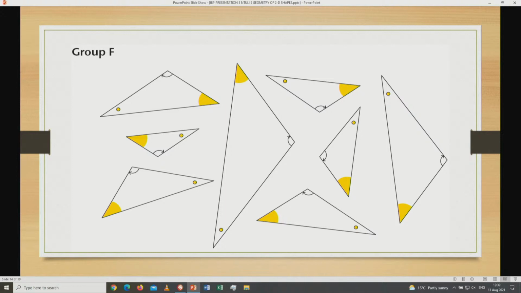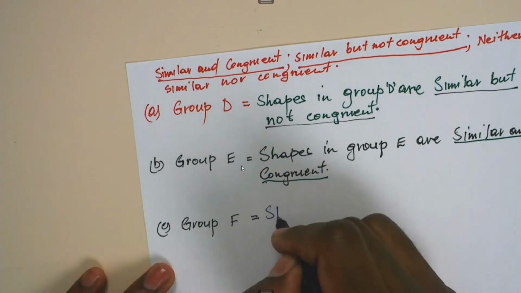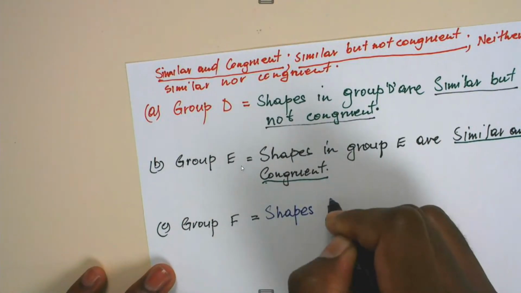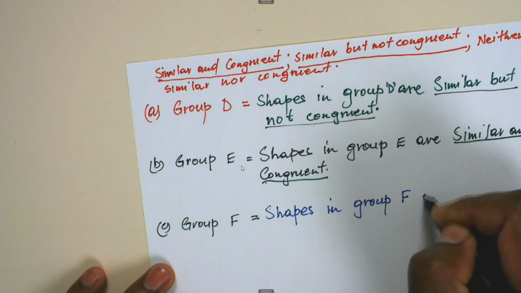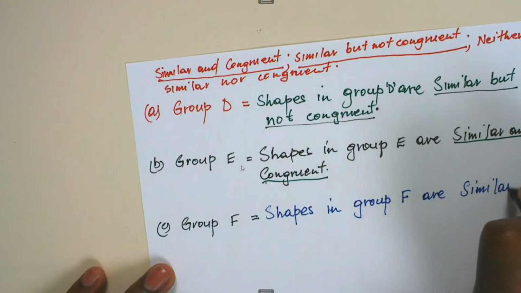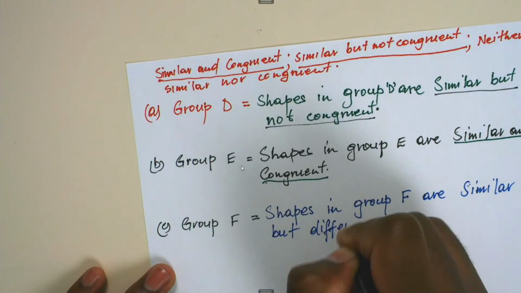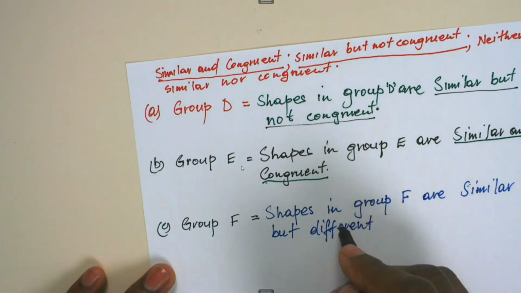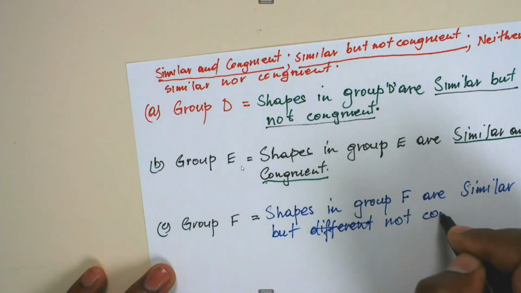Now let us get to answer them. What do we observe there? We observe that shapes in group F are similar. I could see similarity there, guys, but not congruent.